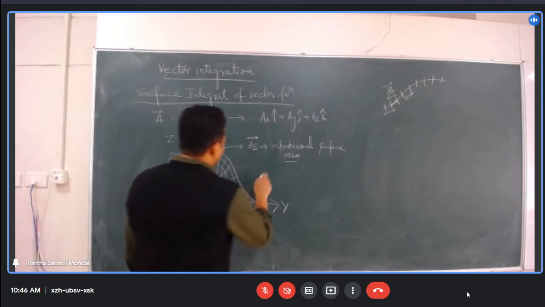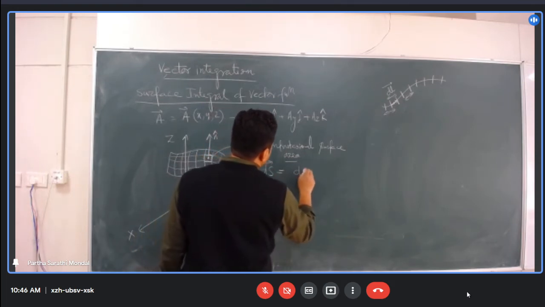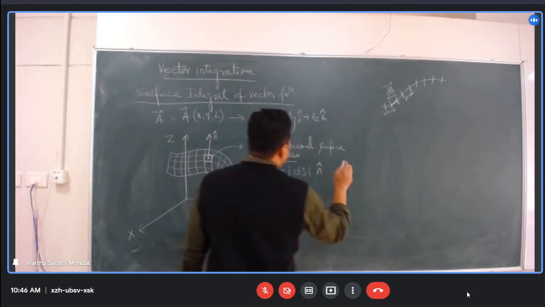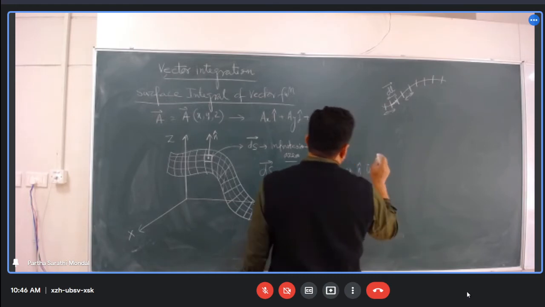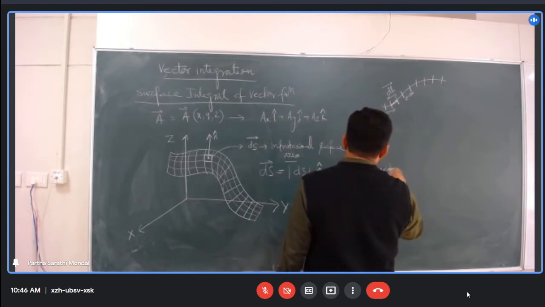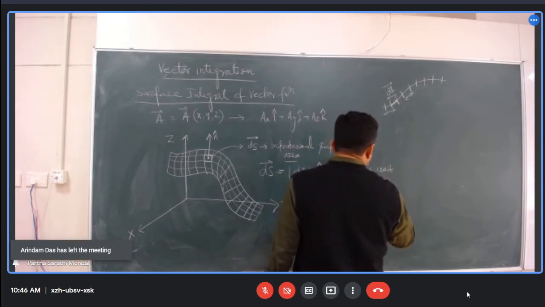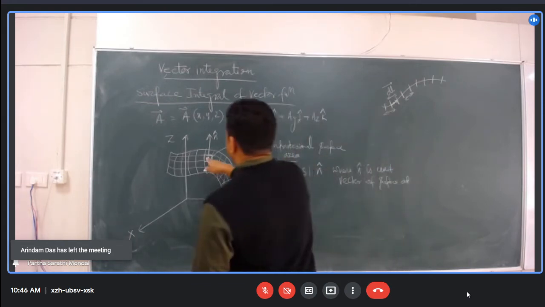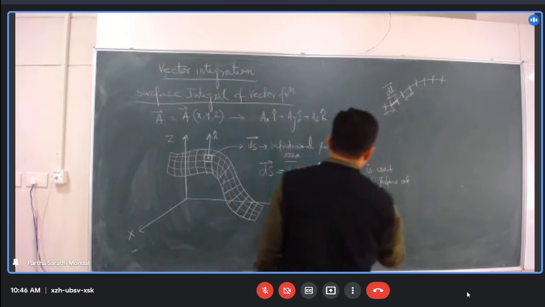That means ds is a vector quantity, so ds is the value, and this is n cap, where n cap is the unit vector of the surface at that particular point जहां पे मैंने ds लिया है.